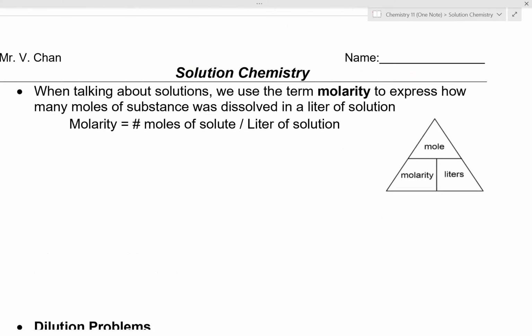Hopefully you remember this from moles, where you had to use this little triangle where moles is equal to molarity times liters. Now, let me give you one example of this question. So let's say, for example, if you look at your concentration and dilution calculations.